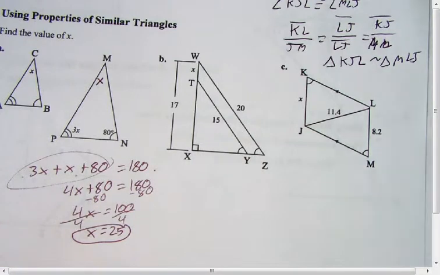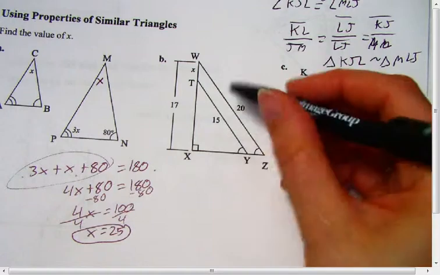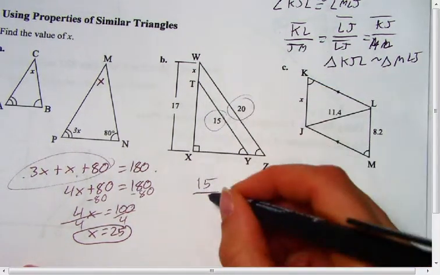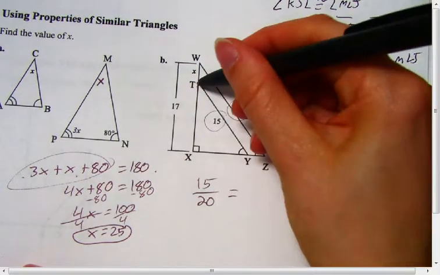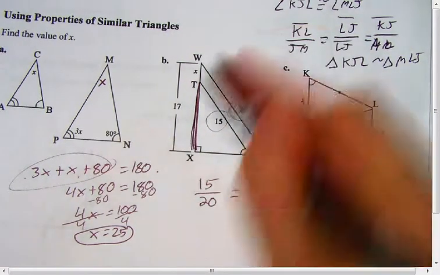Okay, let's try B, because B is a little bit harder because I'm going to have to set up proportions. So I'm going to say 15 over 20. So I did the small one over the big one. Equals, what's this small side right here? It's not X, because X is just this little part up here.